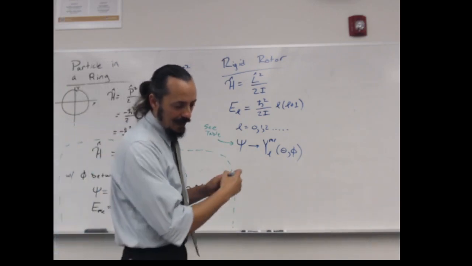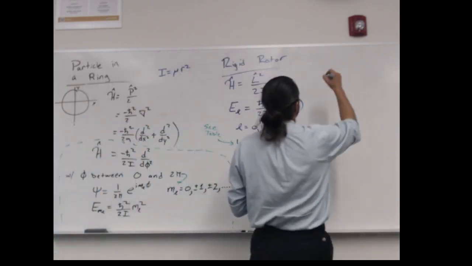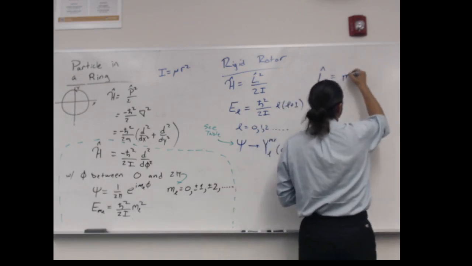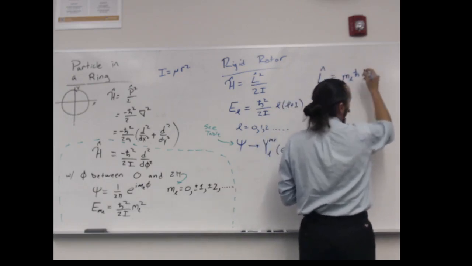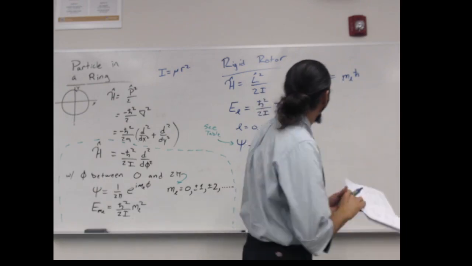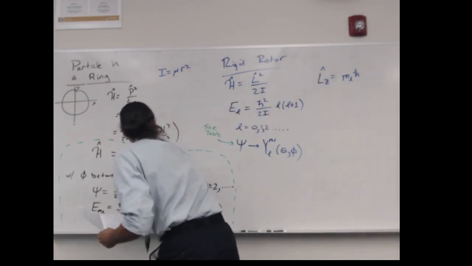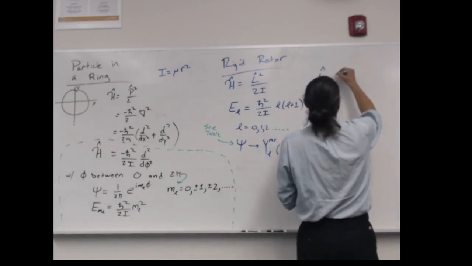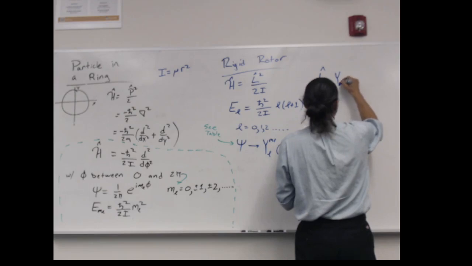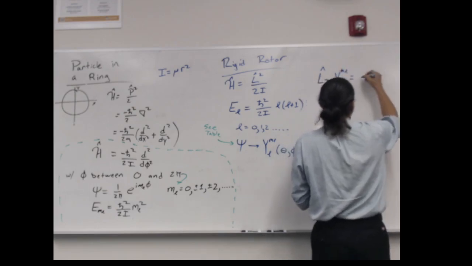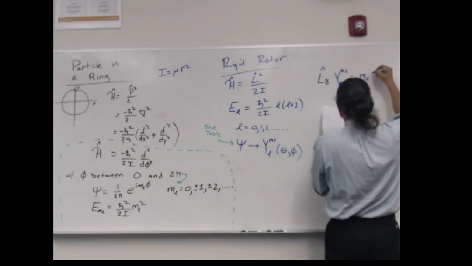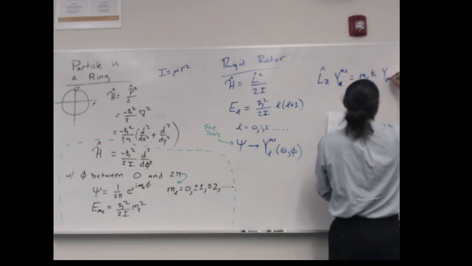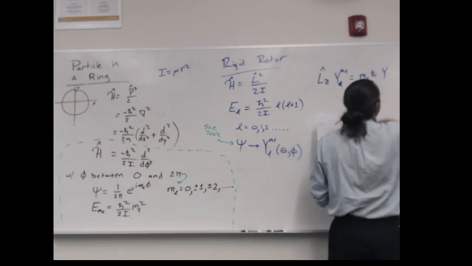There's two other things that are useful here. We can get a z component. I keep flipping my L and my M somehow.